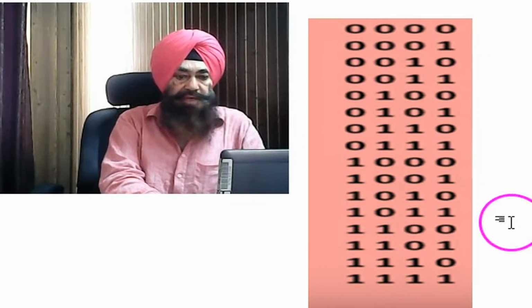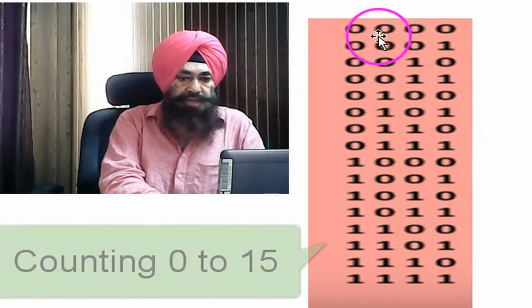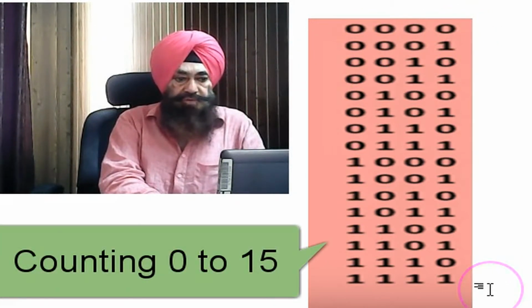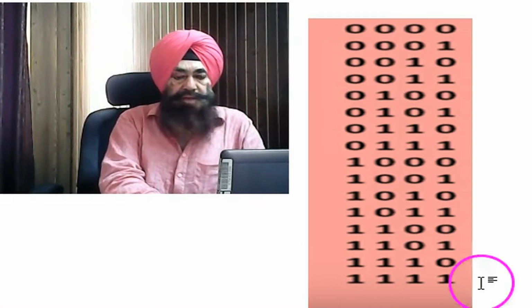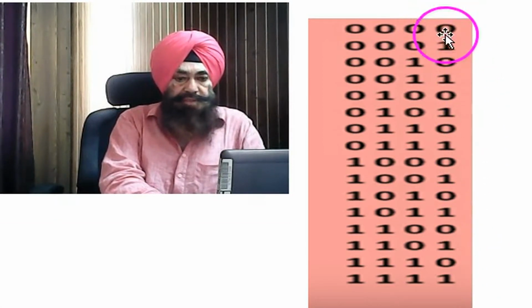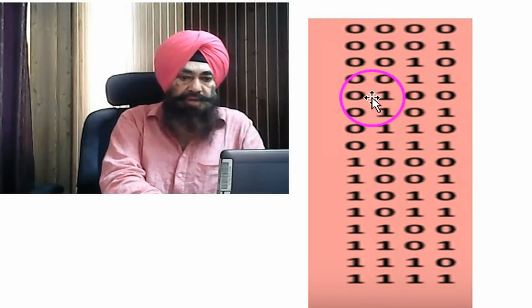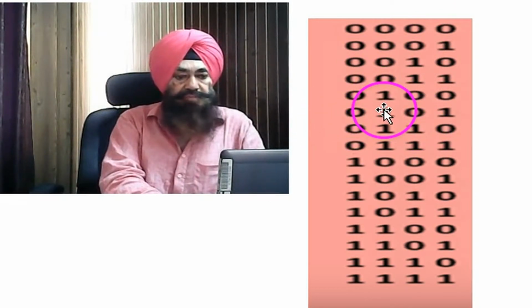This is the logic here: toggling at every bit, then half the rate of the previous one, again half the rate of the previous one.